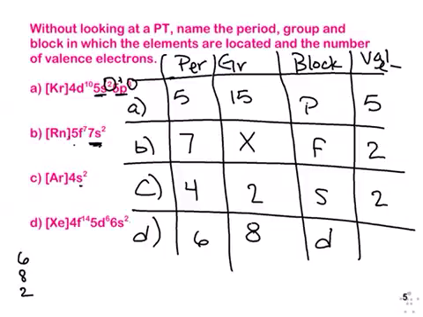Okay, so Daniela's arguing that the correct answer is 2 because it has the highest energy level. Okay, Marta's agreeing. Leroy, does that make sense that 2 is the correct number for valence electrons on this particular example? Okay, good.